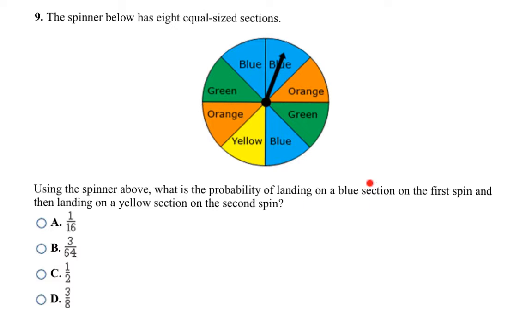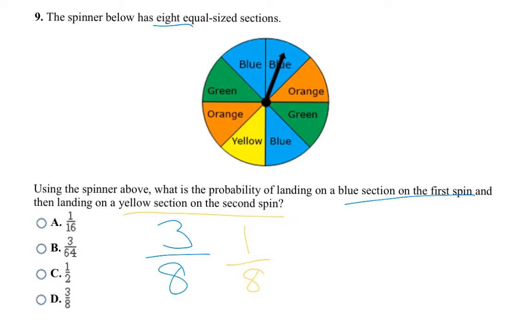So we're going to look at how many blue sections there are. There's 1, 2, 3 blue sections. So he has a 3 out of 8 chance, since there's 8 total sections, to land on a blue on his first spin. He's looking at the yellow sections for his second spin. So there's only 1 yellow section out of 8, so he has a 1 out of 8 chance of spinning yellow the second time.